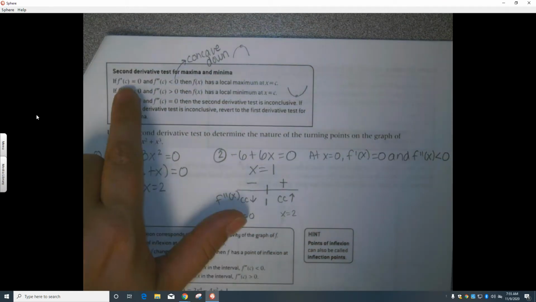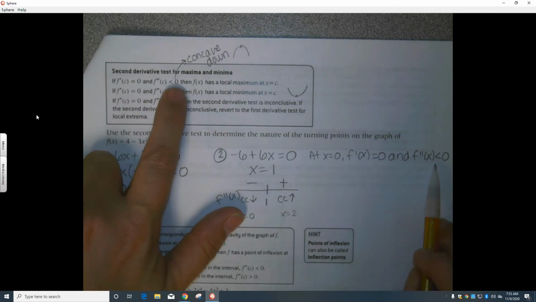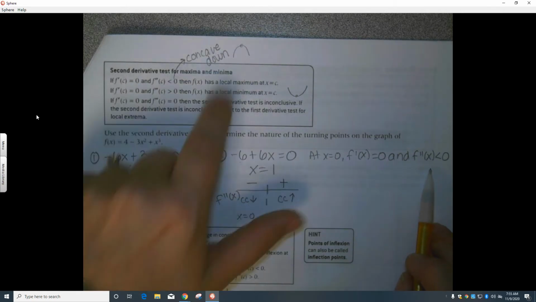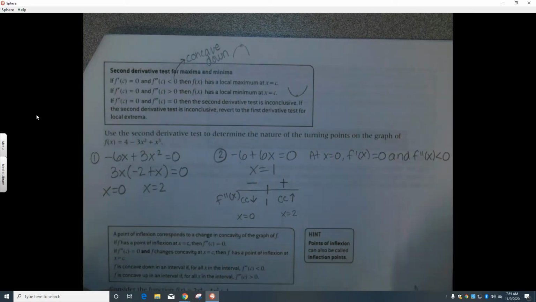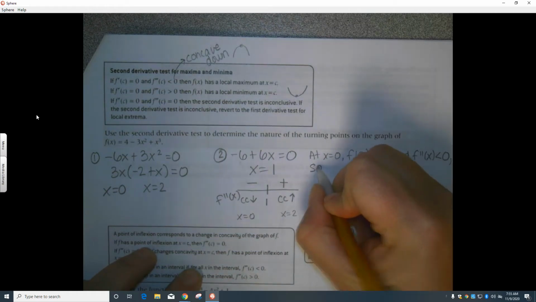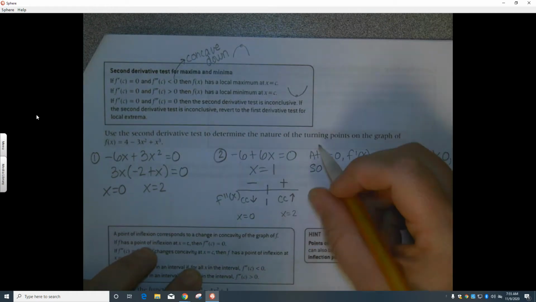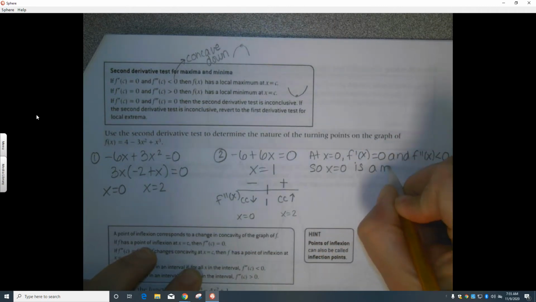And so if I look up here, f prime was 0 and f double prime was less than 0, means it was concave down. So that gives me a maximum. So x equals 0 is a maximum.